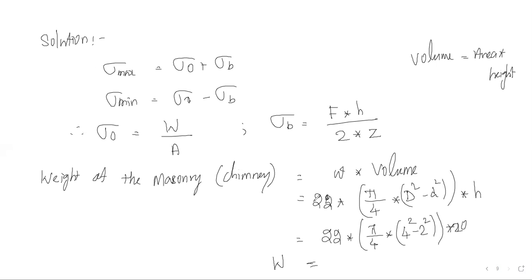4146.9. So 4146.902 kilonewtons. Okay, so therefore sigma naught, that is direct stress, is equal to W by A. Whereas W is equal to 4146.90 kilonewtons divided by area pi by 4 into D squared minus small d squared.